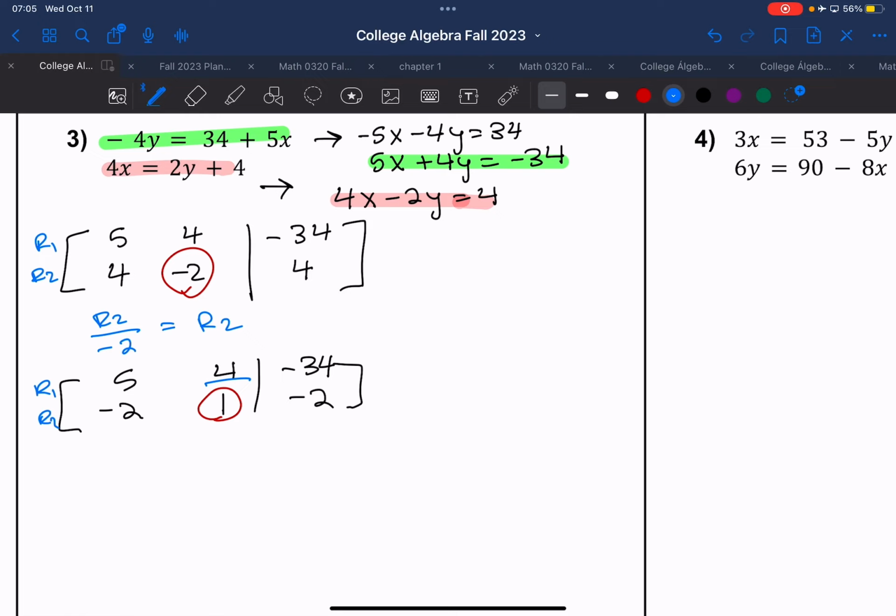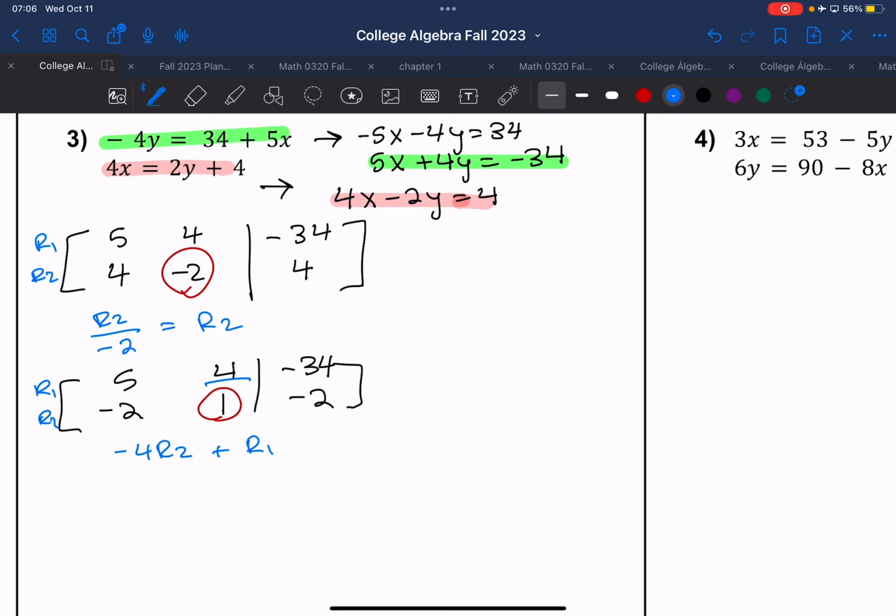Multiply row 2 times -4. Correct. Multiply row 2 by -4. Because then what happens to the 1 when we multiply it by -4? Turns into -4. So now we have 4 over -4. So that means we would have to add it to which row?